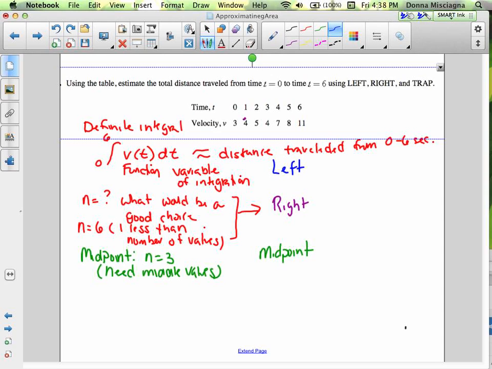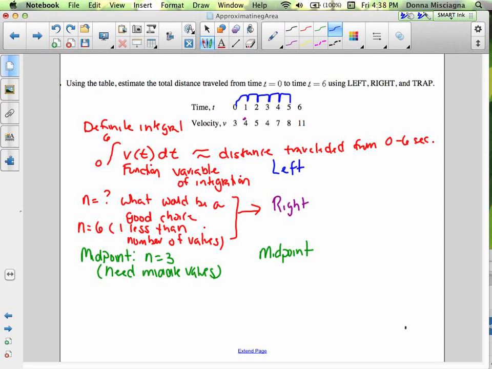You can make 6 bars. Bar 1, lovely bar there, 2, 3, 4, 5, 6. I can make 6 bars. We would want to use as much of the data as we could, so 6 will be our number of values.